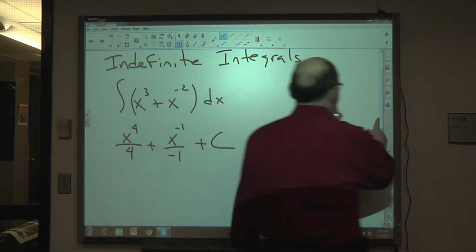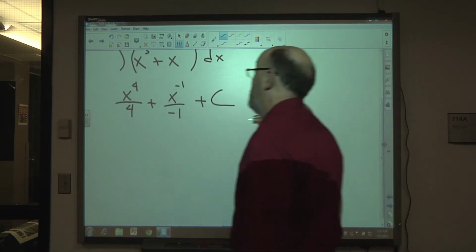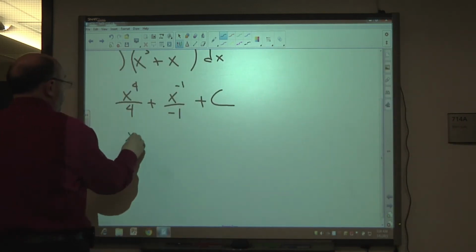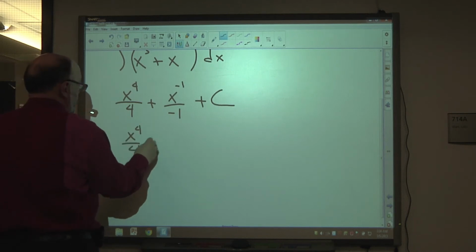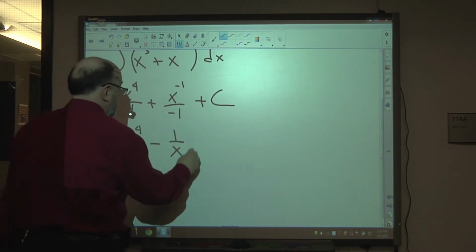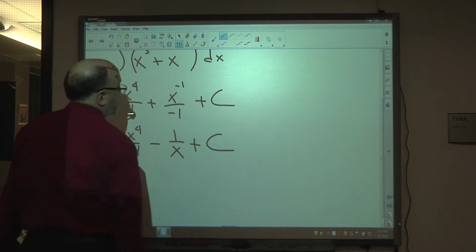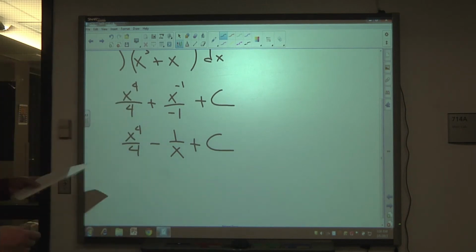We simplify a bit, so this will be x to the 4th over 4 minus 1 over x plus c, and with that, we're done. Again, with indefinite integrals, we end up with something in the form of an equation.